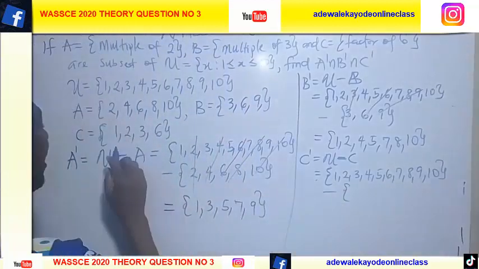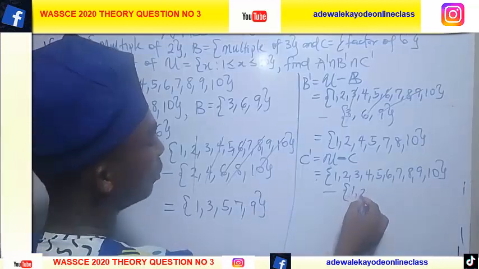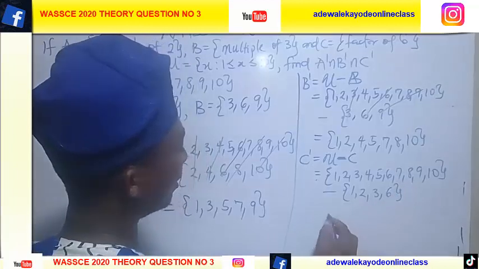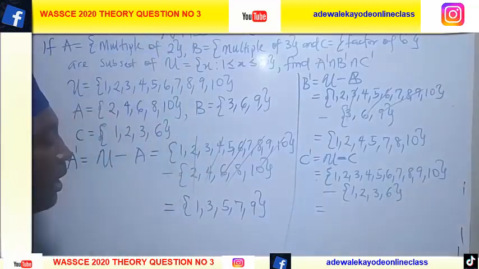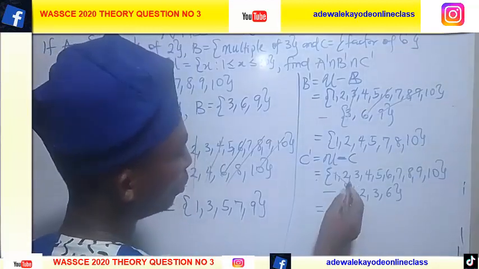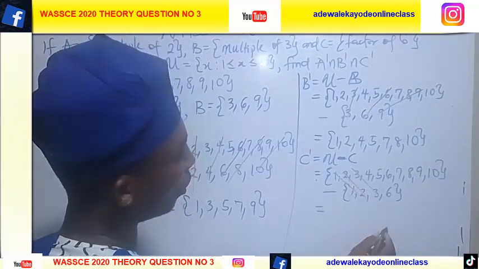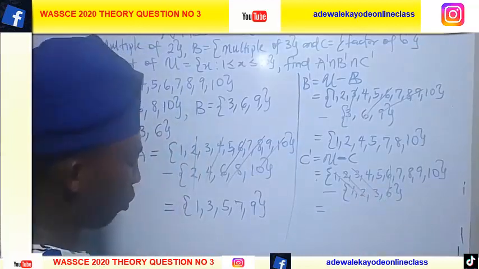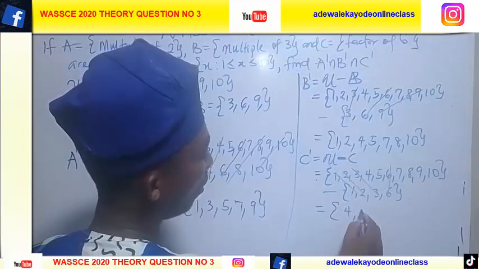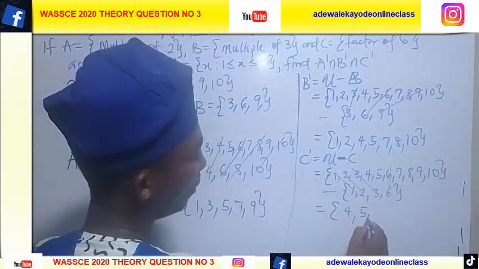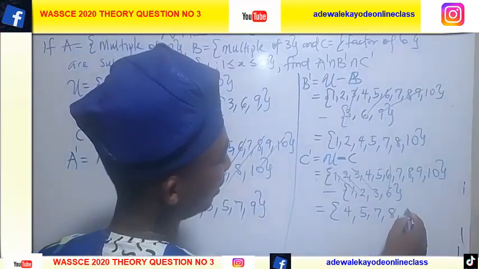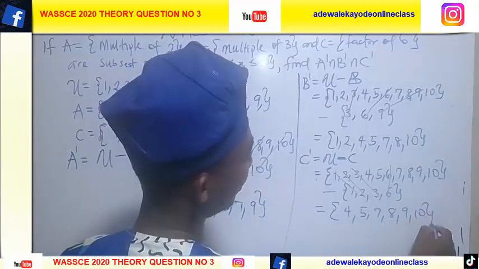So what is set C? 1, 2, 3, and 6. So let's see our elements that will remain now. 1 will go, 2 will go, 3 will go, 6 will go. So we are left with 4, 5, 7, 8, 9, and 10.